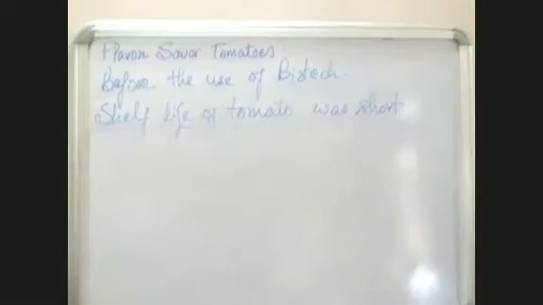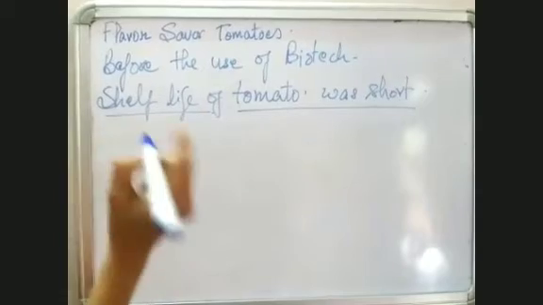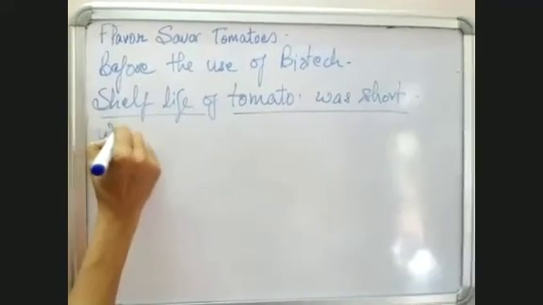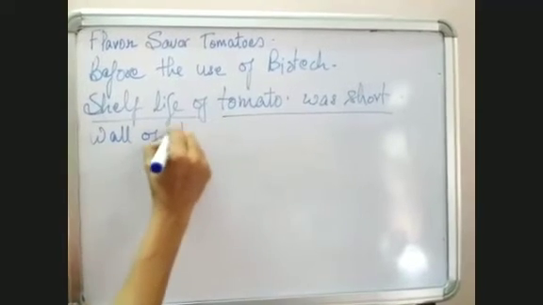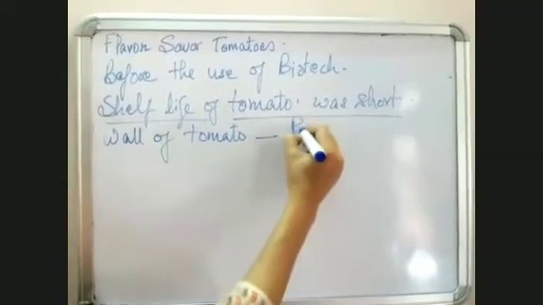Now, what is responsible for spoiling or decaying of tomato? The wall of tomato has a substance in it which is known as pectin.